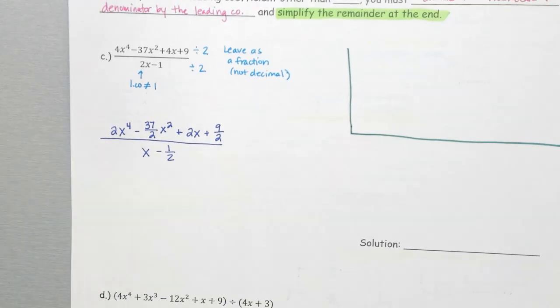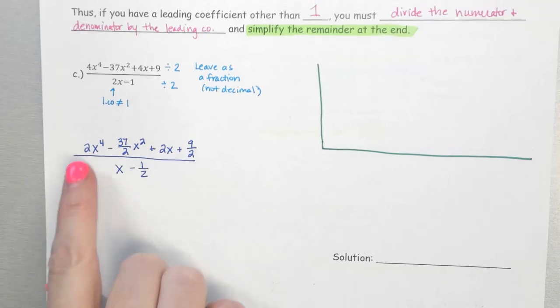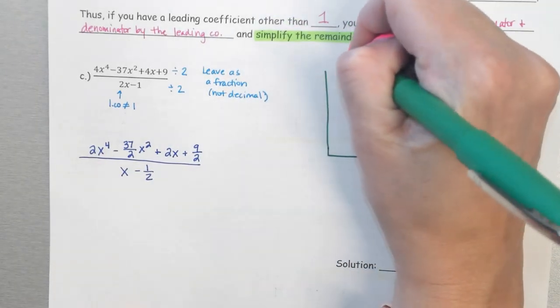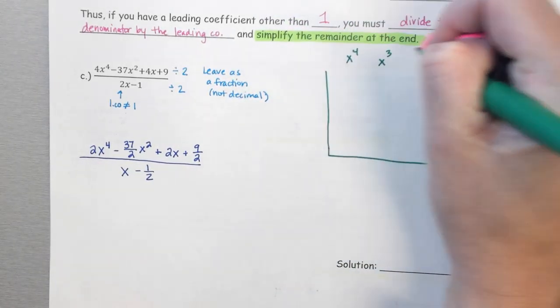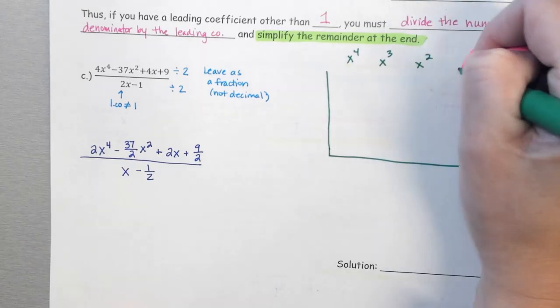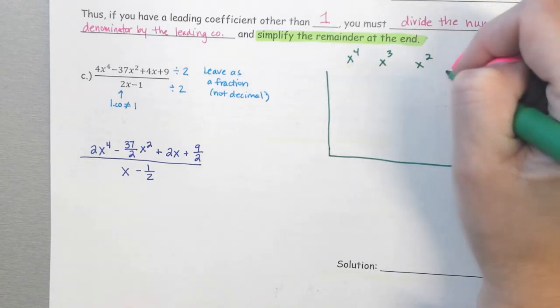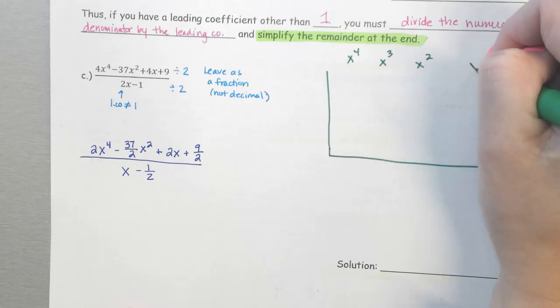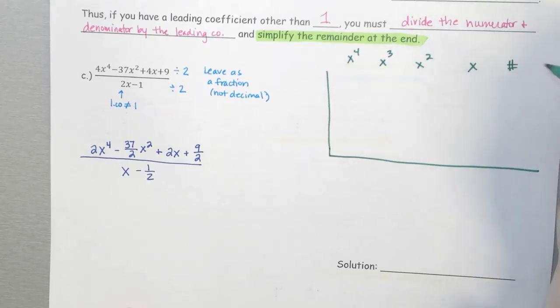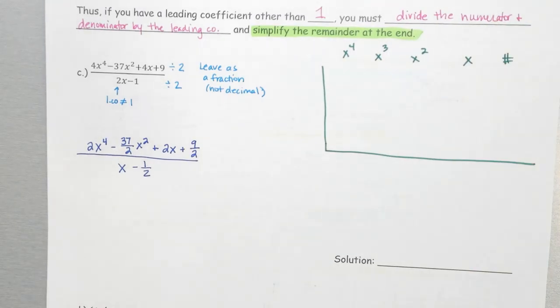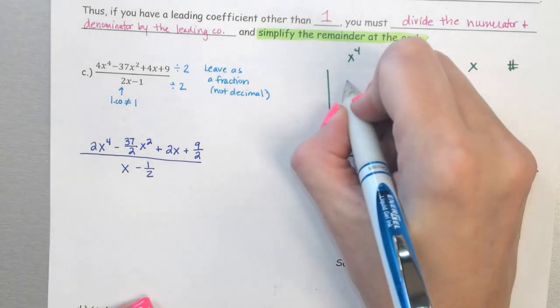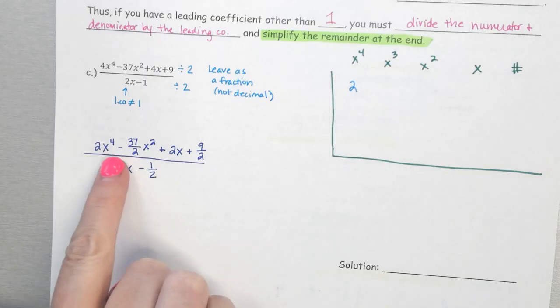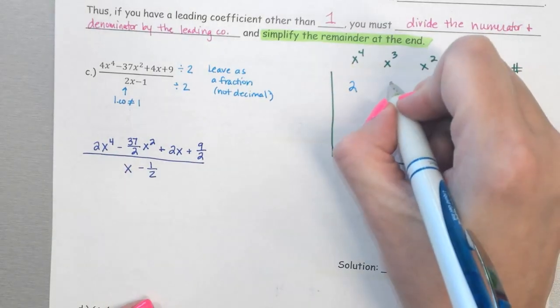I find it helpful sometimes to write my starting values: x to the 4th, x cubed, my x squared, I guess I need to give myself more space, my x, and my number term. That just helps me remember if I need to put a placeholder in. So I have 2, and then for x cubed, I need a placeholder.